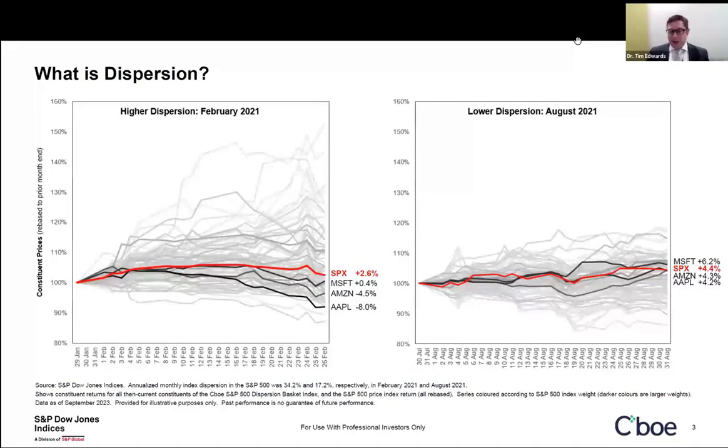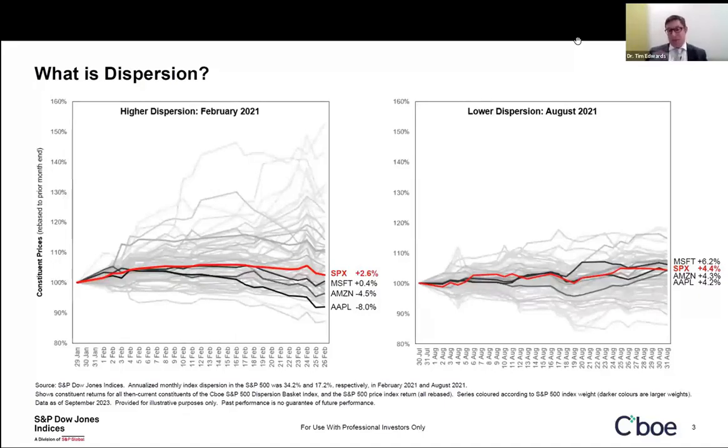That is a very different market environment to the one that occurred a few months later in August of 2021. There you actually have an index move, which is kind of similar, right? But the narrowness, the breadth of the market hugely decreased, and the standard deviation across different stocks was much lower.